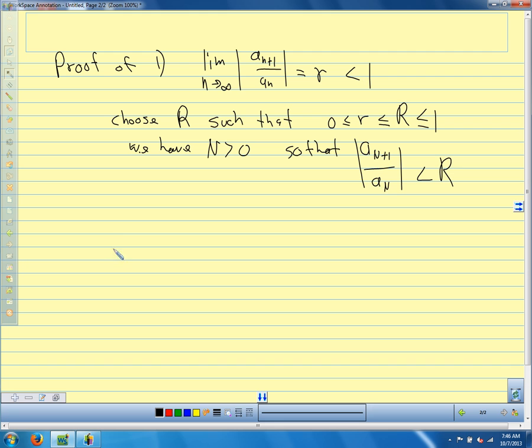So we can write the absolute value of a sub n plus 1 is less than a sub n r. And I can keep doing this process. My next term, a sub n plus 2, is going to be less than a sub n plus 1 r, which is less than a sub n r squared.